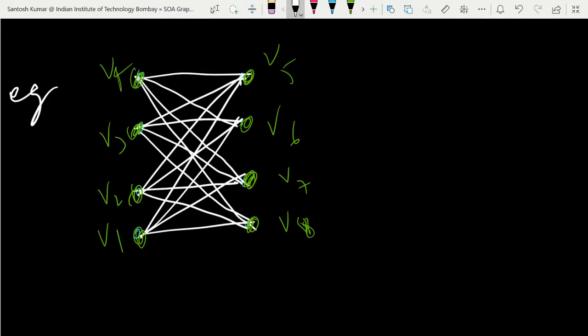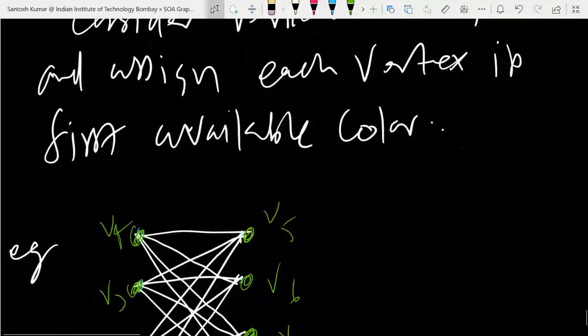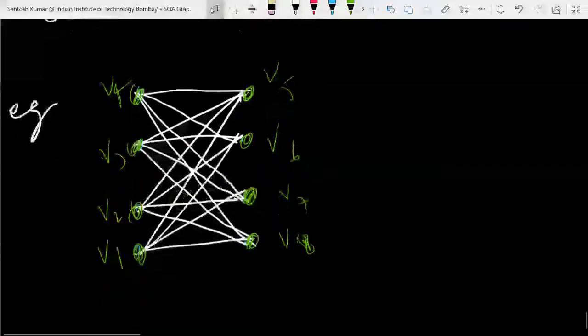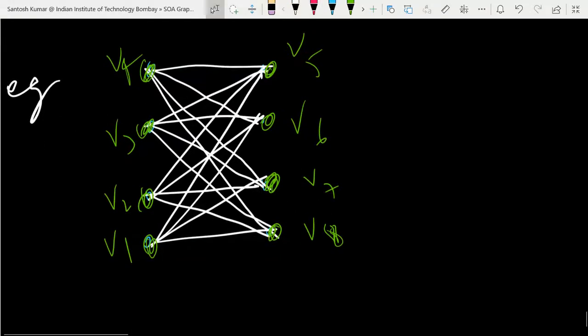So what do I want? I want to find the chromatic number, or simply I want to color these vertices. So we will give one color to V1. Now after V1 you will go to V2.